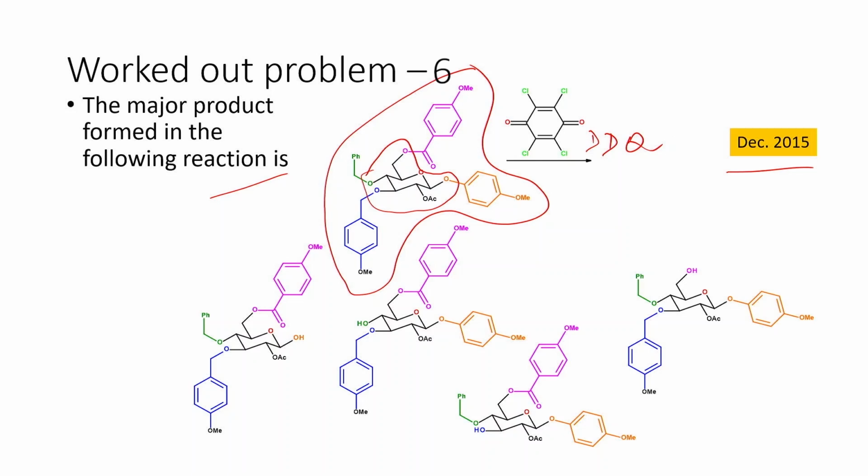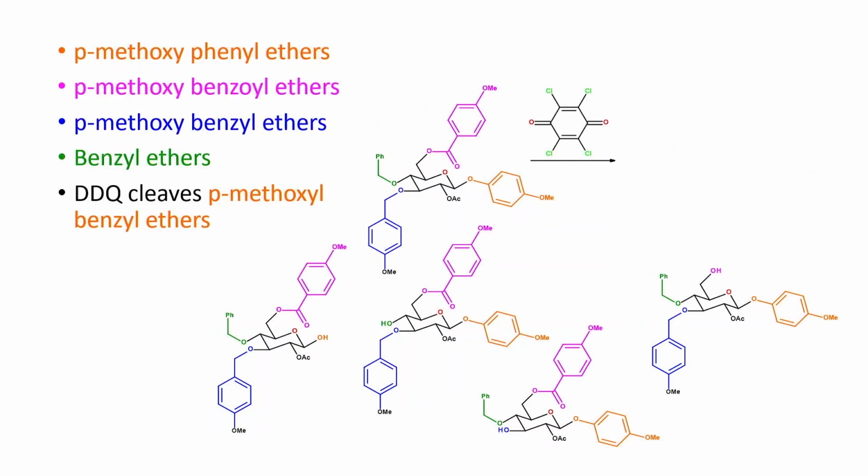So we need to know the different types of functional groups that are present and what DDQ can actually do. If you know these 2 things, you can easily figure out what our product is in this particular case. The first one is the paramethoxyphenyl ether, shown here, and the second one is the paramethoxybenzoyl group.